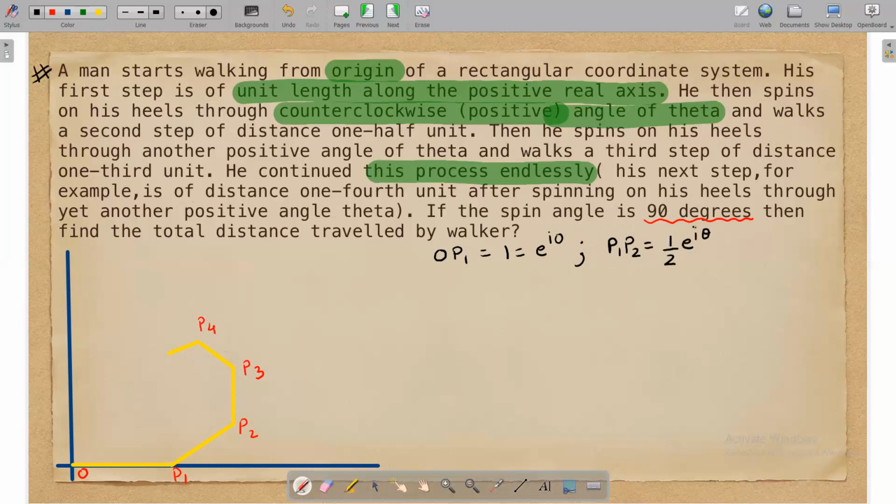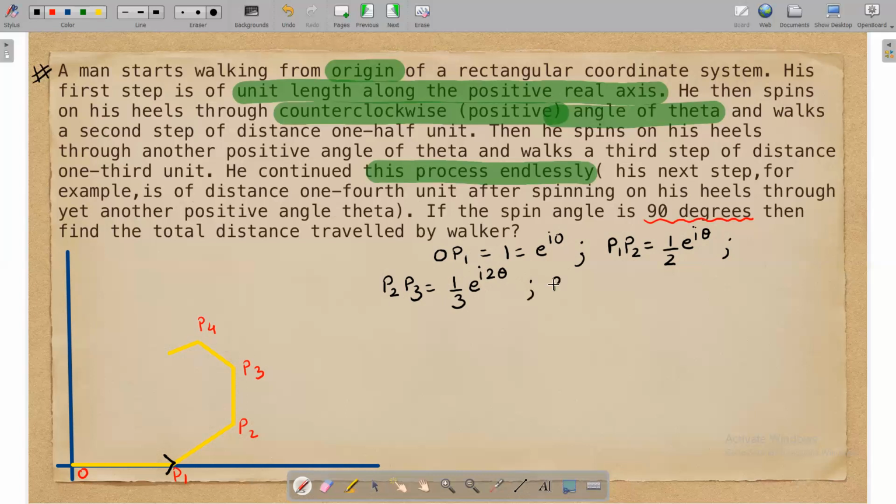Why? Because we have obtained this P1P2 vector by rotating OP1 in the anti-clockwise sense by an angle of theta, and obviously the magnitude has also reduced. Similarly, P2P3 can also be written. So I'm writing third vector P2P3, which is now of the length 1/3, but it is obtained by rotating the original vector by an angle of 2 theta in anti-clockwise sense.